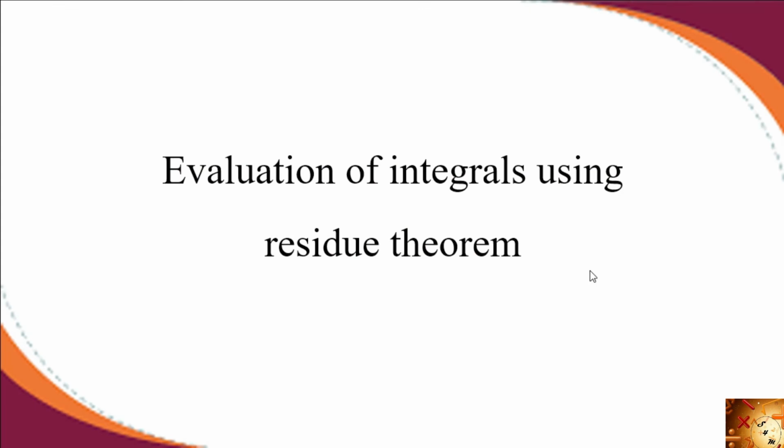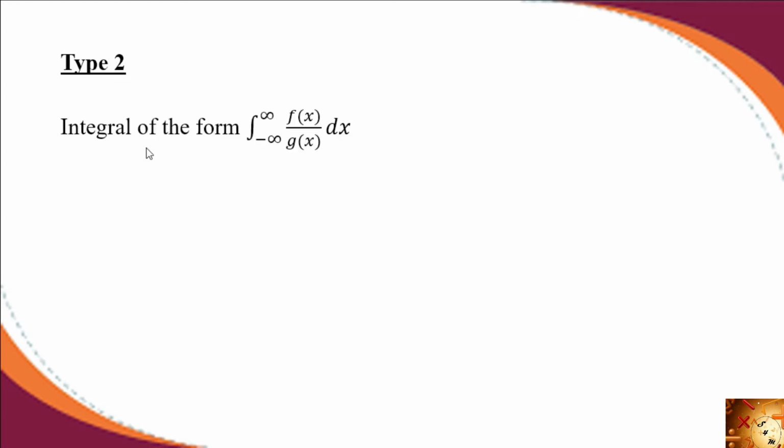In this video, we are discussing the evaluation of special type of integrals using residue theorem. Type 2, that is integral of the form integral minus infinity to infinity f of x divided by g of x dx.